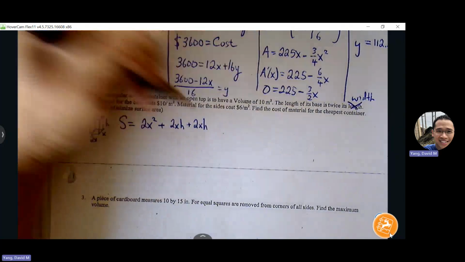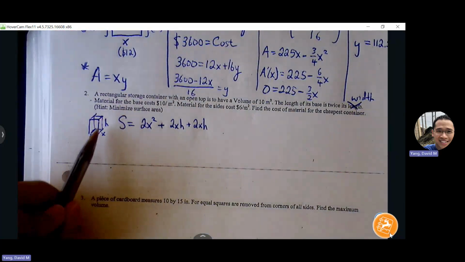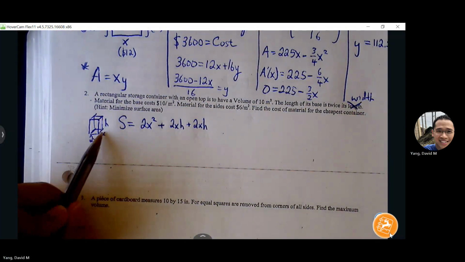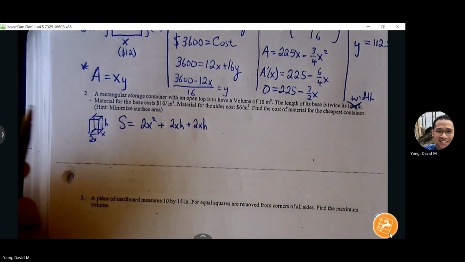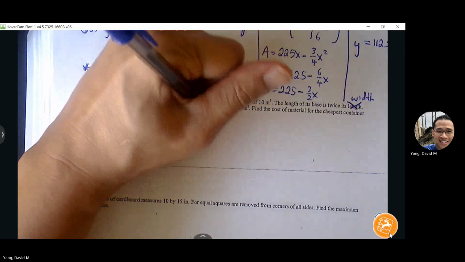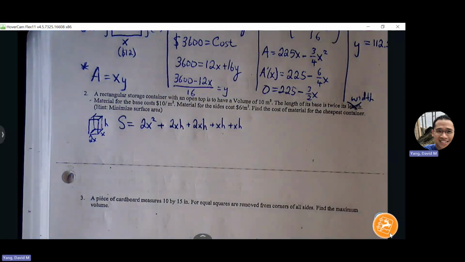That's also 2xh. And what about the one on the side, the smaller one? xh. And there's two of them as well, right? Okay. Does that make sense? There's 5 surfaces: the base, the 2 larger panels, and the 2 smaller panels.